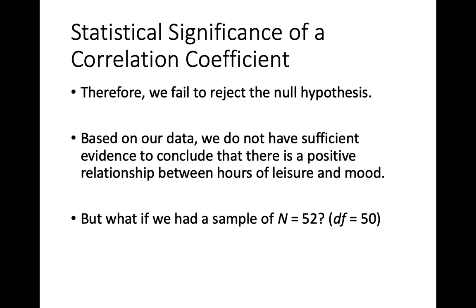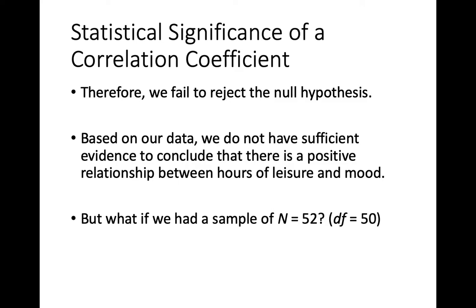We should have set up as a null hypothesis, because we had a directional test, that rho is less than or equal to 0. Okay? Because what we're concluding here is that we don't have sufficient evidence to conclude that there is a positive relationship between hours of leisure and mood. So we have to fail to reject the null, accept it for the time being, that rho is less than or equal to 0.